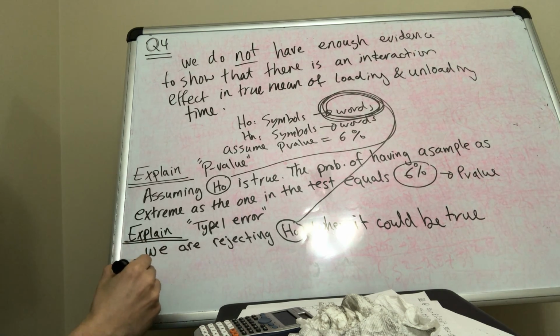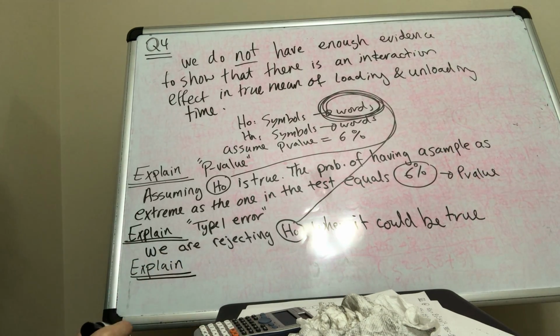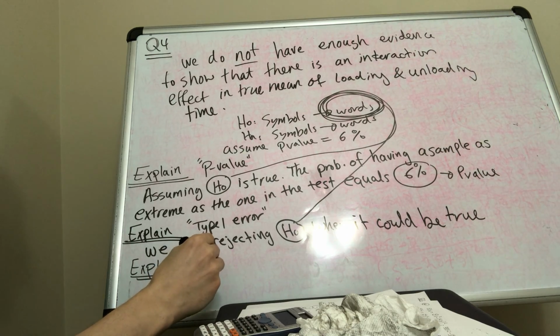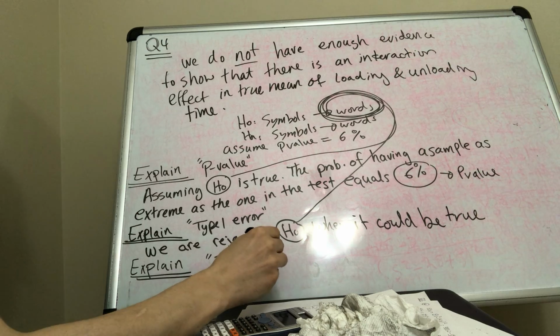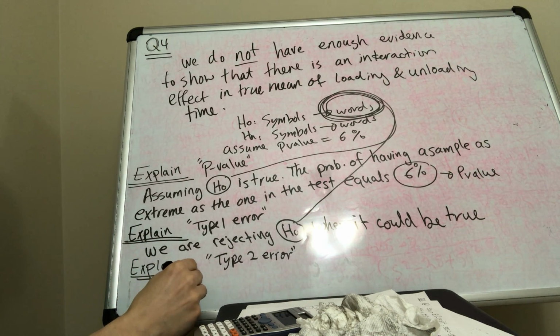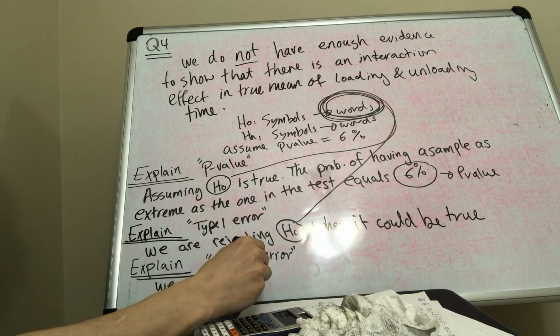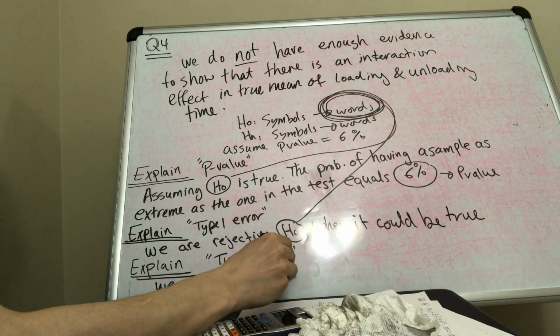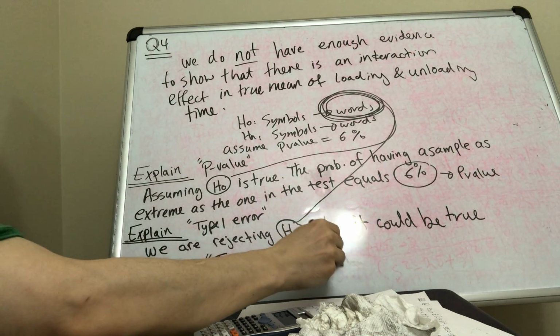And how would you explain type 2? To explain type 2, we say we are not rejecting H0 when it could be false.